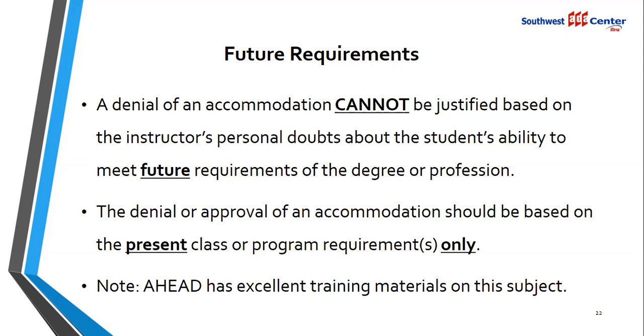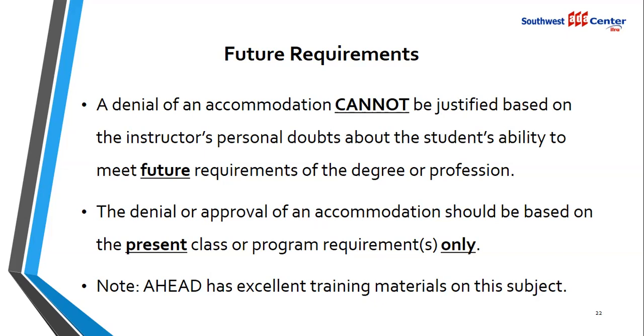Next. Future requirements. This is very important to understand. A denial of accommodation cannot be justified based on the instructor's personal doubts about the student's ability to meet future requirements of the degree or profession. It is the here and now. A student takes classes for many reasons.